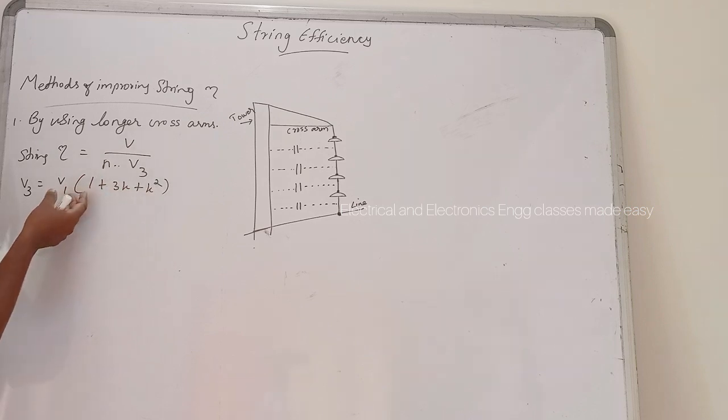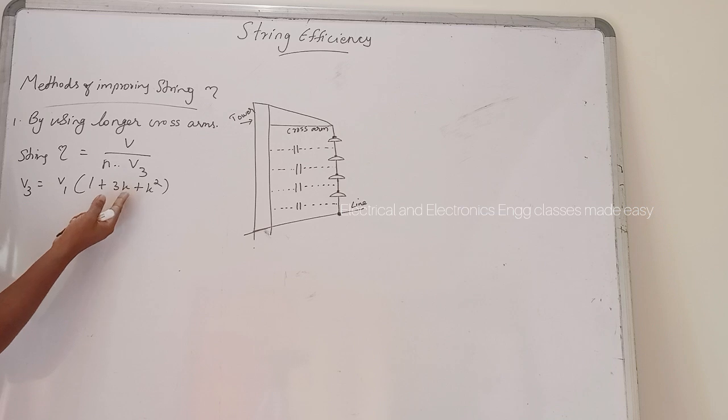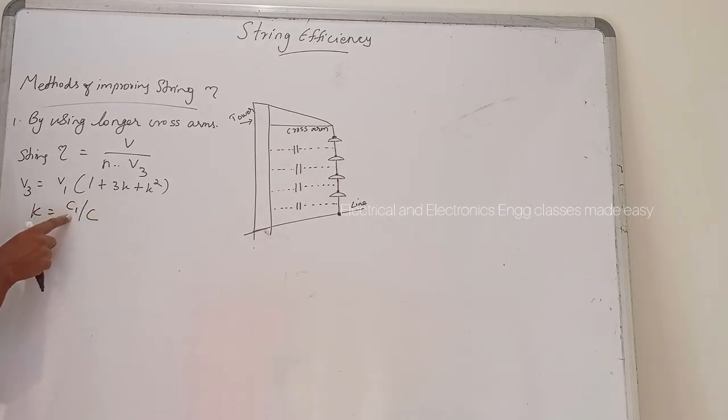So in this case also V3 depends upon the value of K, and K is equal to C1 divided by C, where C1 is the shunt capacitance and C is the self capacitance.